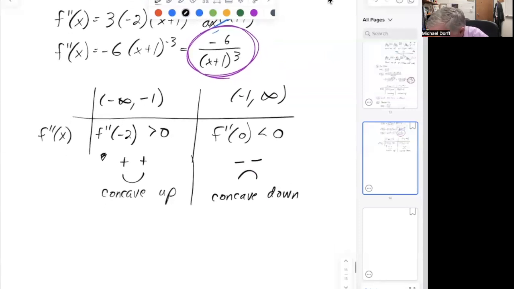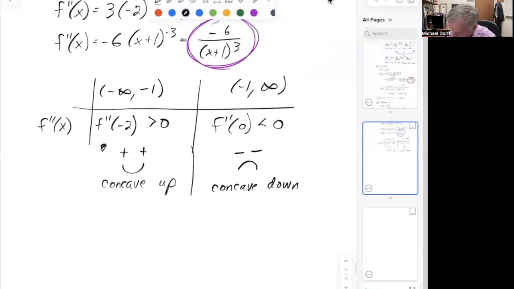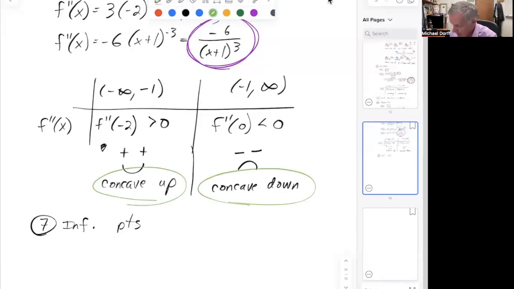Then let's see, what do we have next? Inflection points. Well, it does change from concave up to concave down, that we saw right here. But where does that happen? That happens at x equals -1.